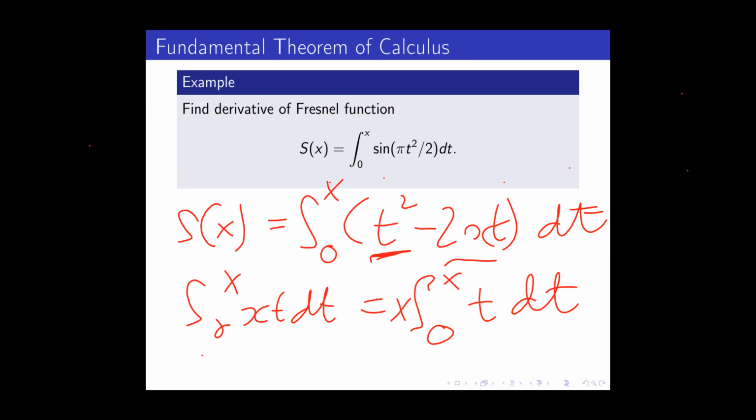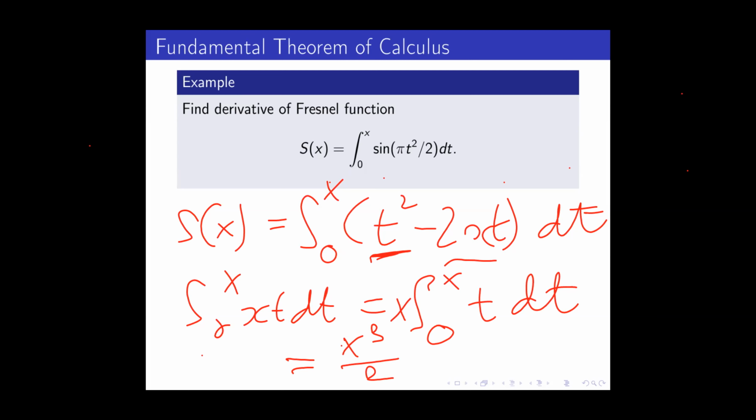What you get is x cubed over 2, because the antiderivative of t is t squared over 2. So the integral here is t squared over 2, evaluated from 0 to x, and you get x squared over 2. Multiply with x, and you get x cubed over 2.